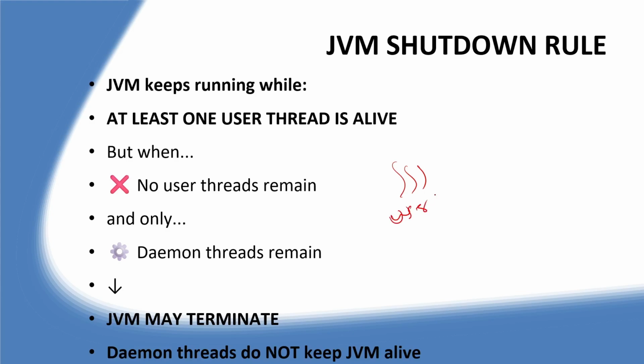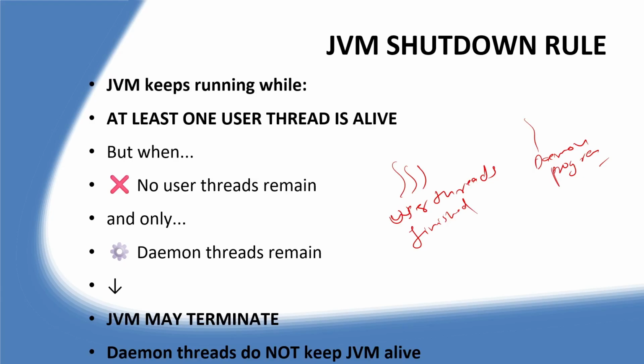If all user threads have finished and only daemon threads remain, the JVM can begin its shutdown process. Imagine there is one daemon thread and one user thread: the user thread is finished, and the daemon thread is in progress.